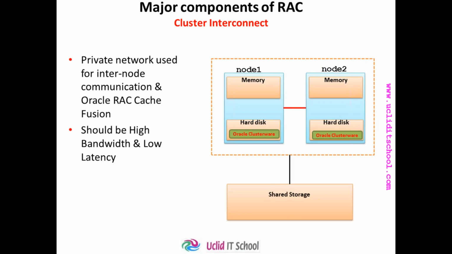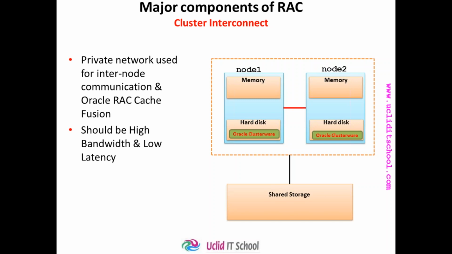This interconnect, this private network, should be high bandwidth and low latency, because otherwise, if this interconnect is slow, it will cause performance bottlenecks in the system. In fact, this is one of the major components which needs to be looked at during RAC implementation.